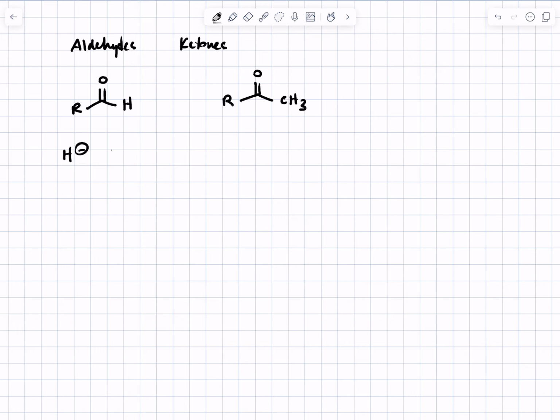So H-, because of its size and its lack of electrons, is a terrible leaving group, but it is also a terrible electron donor. Which means that if you look at this resonance structure of the aldehyde, there's nothing that hydrogen can do to spread out the positive charge on the carbonyl carbon. All right, so even though aldehydes lack a good leaving group, they are still extremely electrophilic.